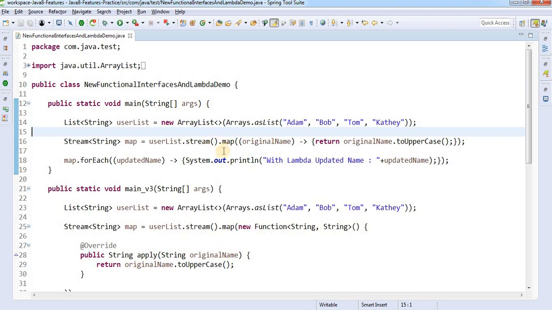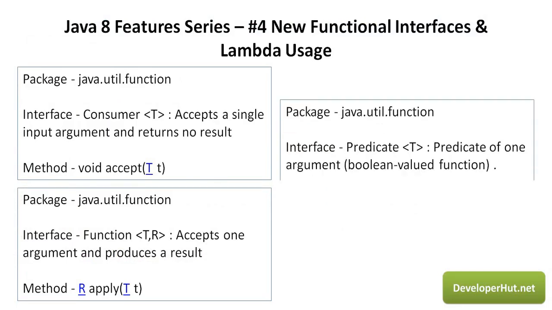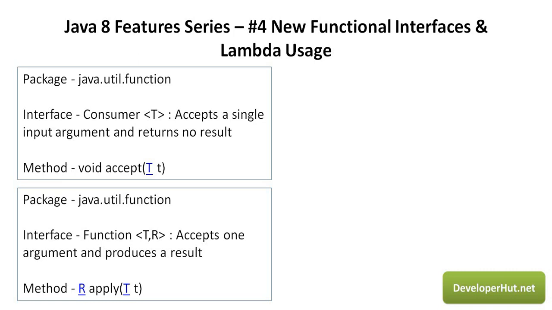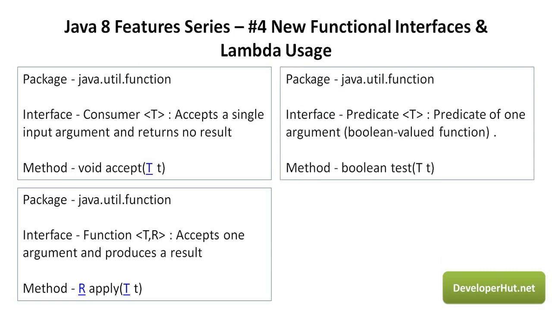Now let's move ahead with our third interface, which is the predicate interface. The predicate interface is also called a boolean valued function interface, because its method returns a boolean value.